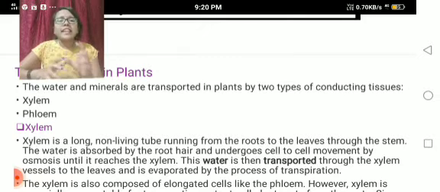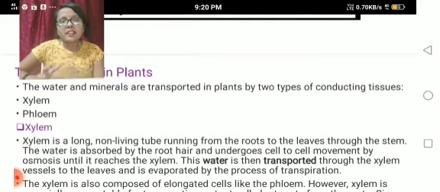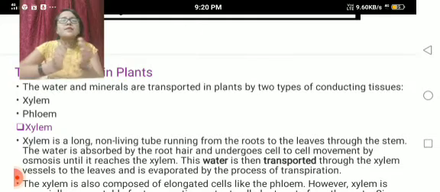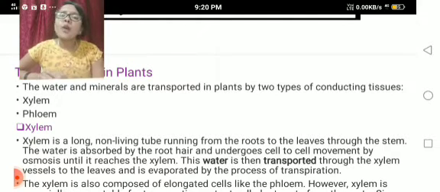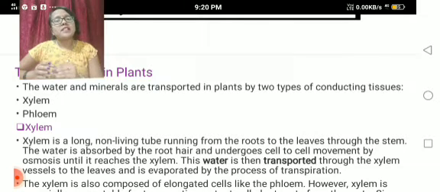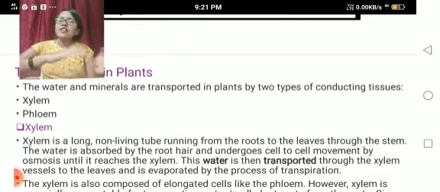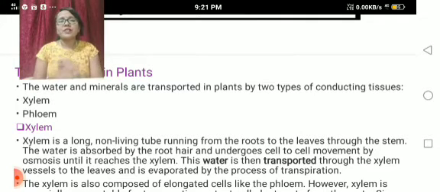The water is absorbed by root hairs and it undergoes cell to cell movement by the process we call osmosis. What is osmosis? The movement of water molecules from the region of higher concentration to the region of lower concentration across a semi-permeable membrane such as the plasma membrane.